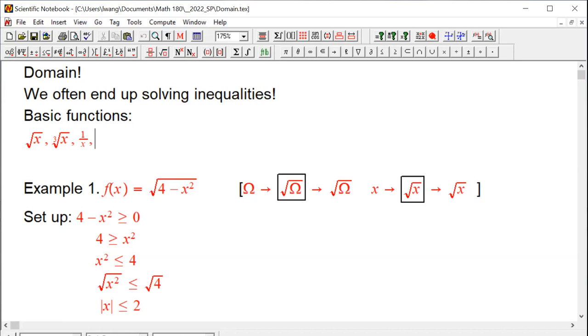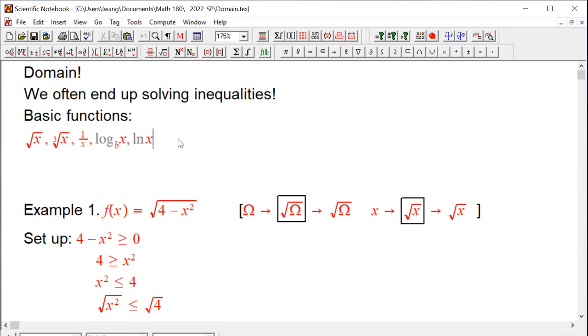And logarithm, any base, right? And their typical example is ln x, right? And yeah, all these basic functions, I'm just naming a few, are guiding our cases, guiding our setup, right?